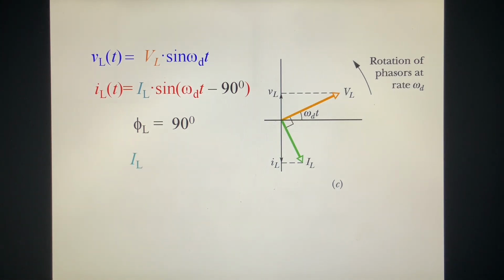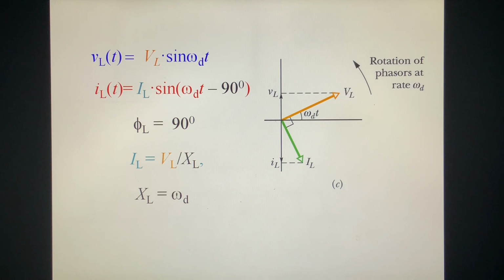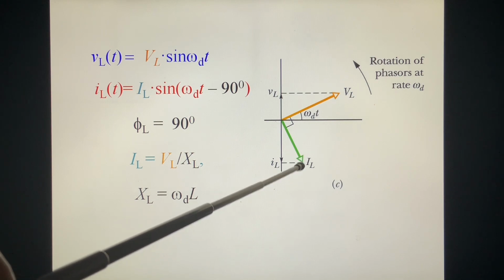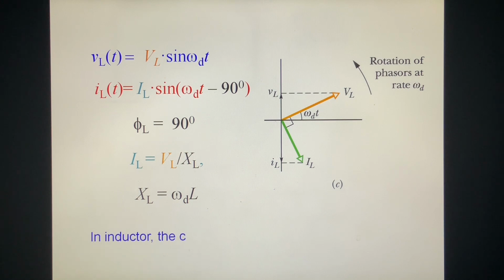And we know IL is VL over XL. XL equal to omega L. That's the way we look at it in the phasor diagram. They both rotate with angular frequency omega d, keeping the angle at 90 degrees. In an inductor, the current lags 90 degrees behind the voltage.